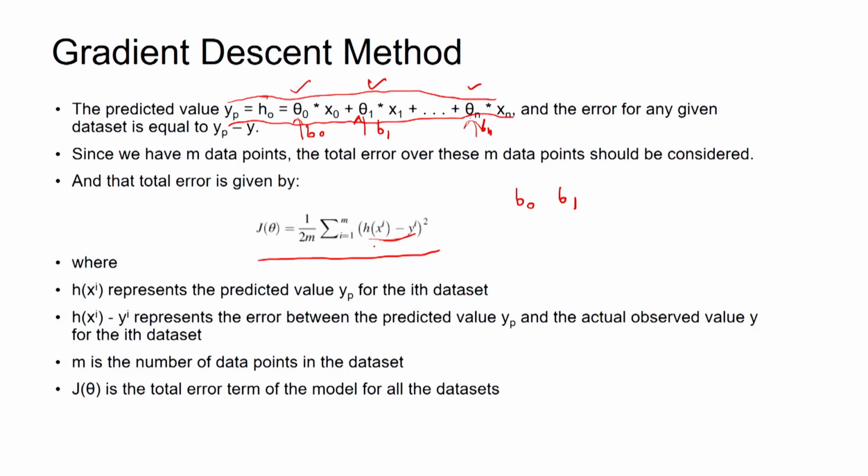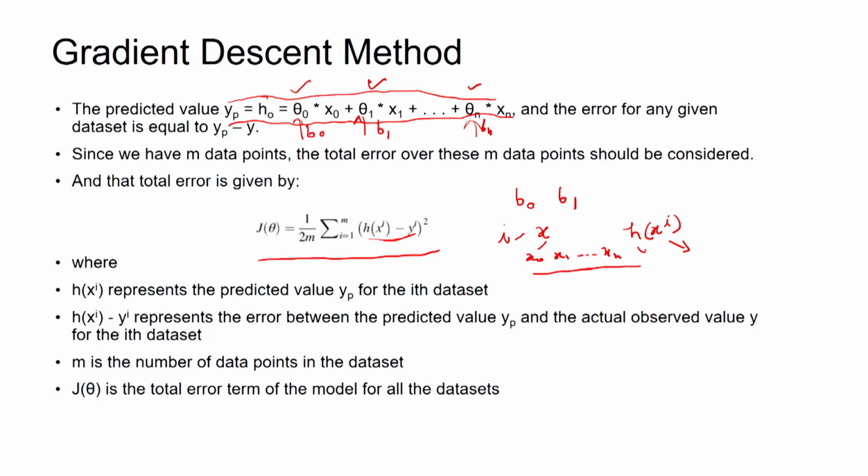So, we are talking about the ith instance, and for the ith instance x is the set of independent variables. So, this is nothing but x naught, x1 up to xn, and so we can say that h of xi is representing the value of dependent variable for this instance.